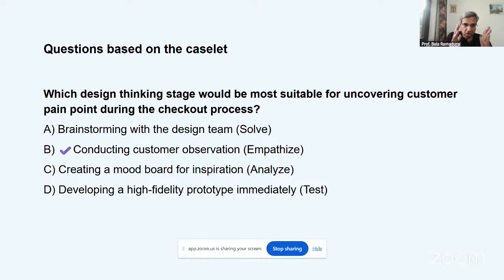If you had thought from that point of view, design thinking, uncovering a customer pain point, right? So that means that we are looking at the problem not from a problem solver's perspective or a designer's perspective or a business person's perspective, but from a customer's perspective. That happens in exactly one stage of the 4 stages, which is empathize, right?